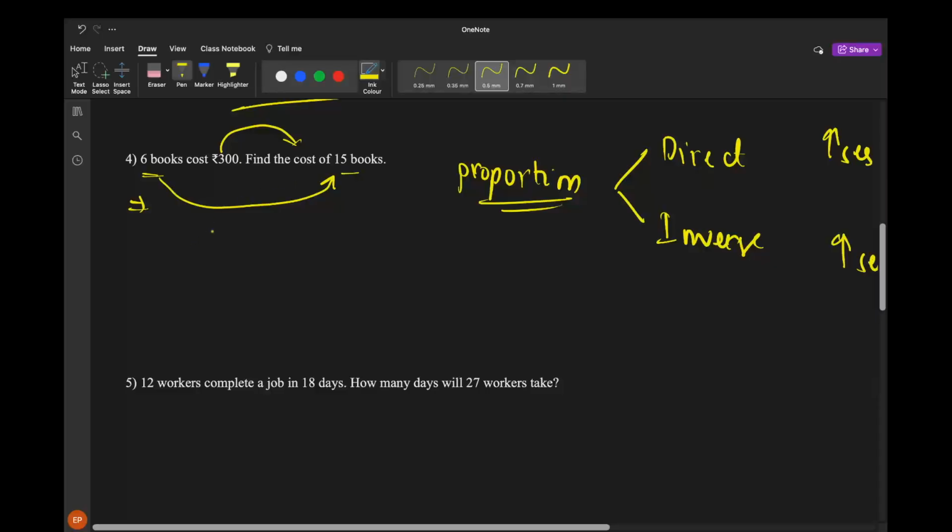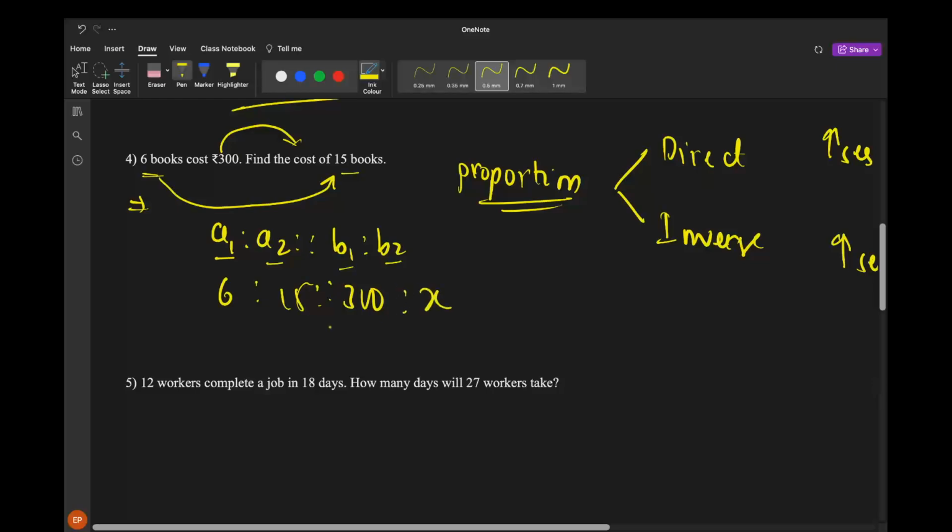Means books are increasing, then cost should increase, means direct proportion. How will we write direct proportion? A1 is to A2 proportion to B1 is to B2. These should be books, these should be cost. 6 books cost is 300. For 15 books, how much?